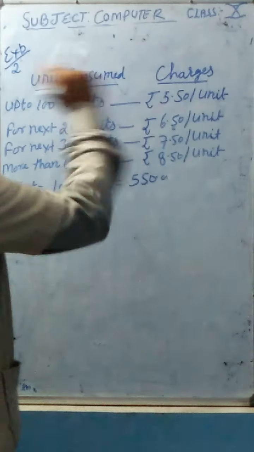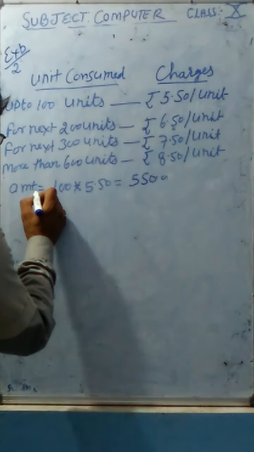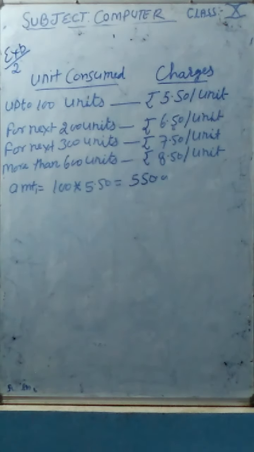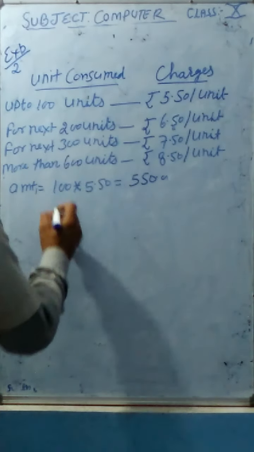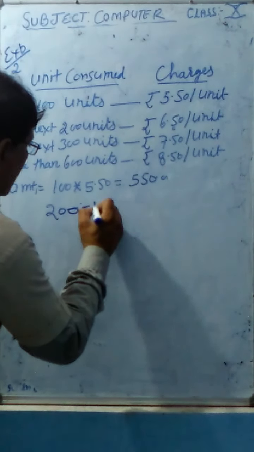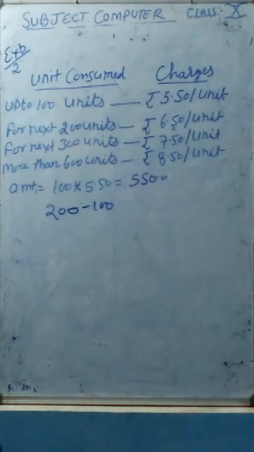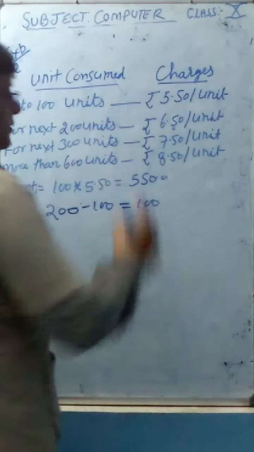Now see, for the next 100 units, suppose I am taking the amount 1 for that. Then we have to do 200 minus 100. So how many units are there? 100.